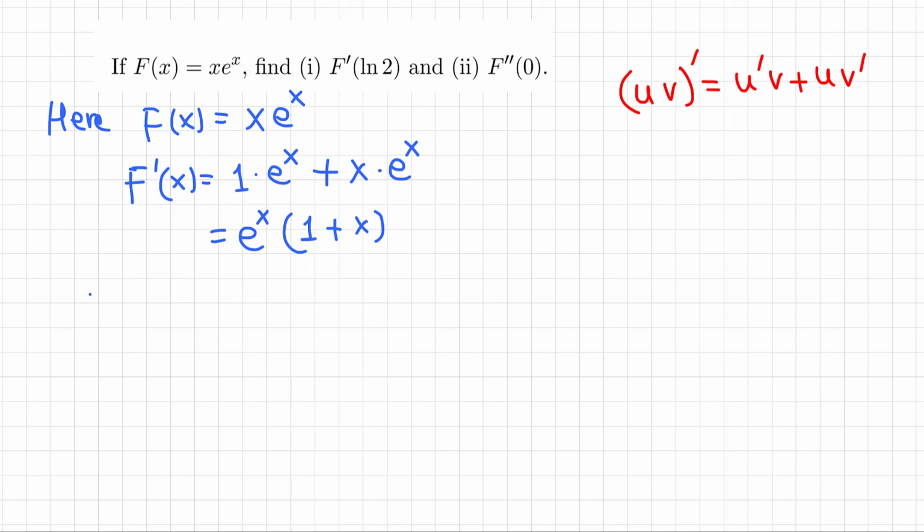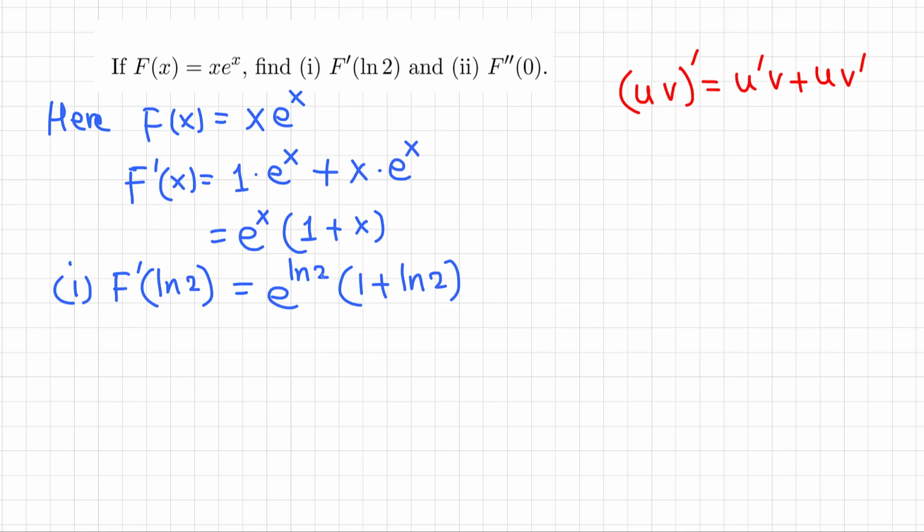But the question in part A is we need to evaluate f prime at ln 2. That means replace x by ln 2. So that is e raised to ln 2 times quantity 1 plus ln 2. This ln 2 is a decimal number, and 1 plus a decimal, we just leave that as it is.